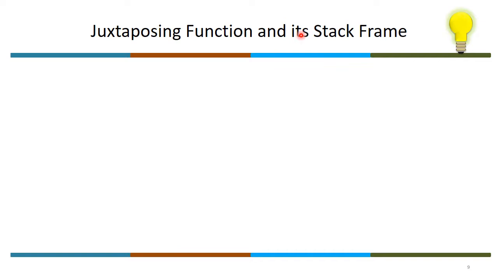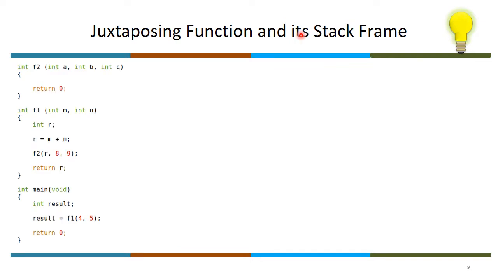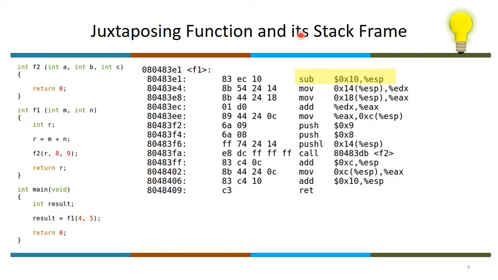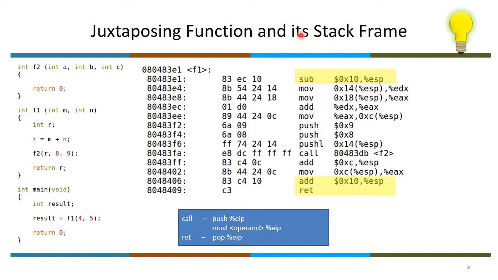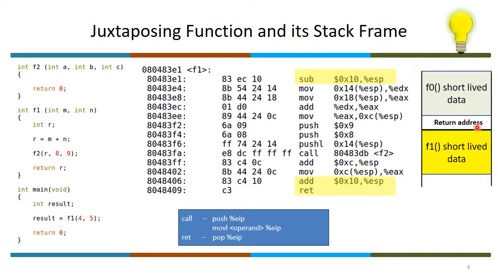This will give a better visualization of what we were discussing in the previous slide, right? Here we have a picture. See now, when the call instruction is issued, the processor pushes the EIP value to the stack, right?